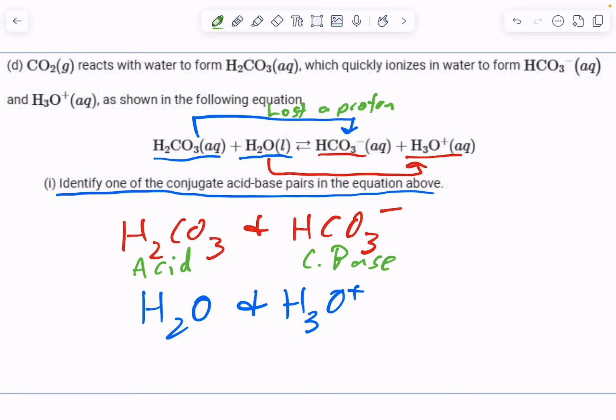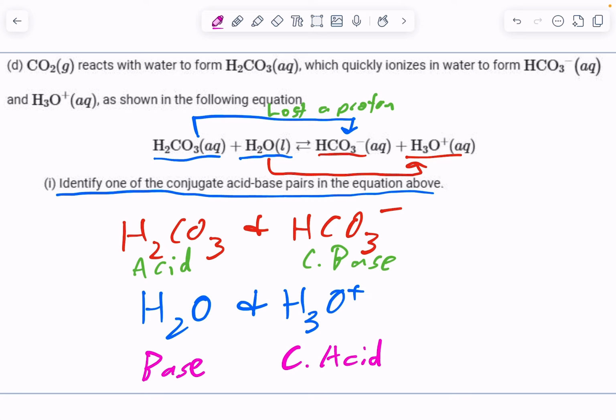This becomes a conjugate base because now it has a spot where it lost a proton where it can accept a proton. Remember, bases accept protons, acids donate protons, which means, one last thing, the water acts as a base, and the H3O plus, or hydronium, acts as a conjugate acid. It has now gained an extra proton that it can then donate as a conjugate acid.